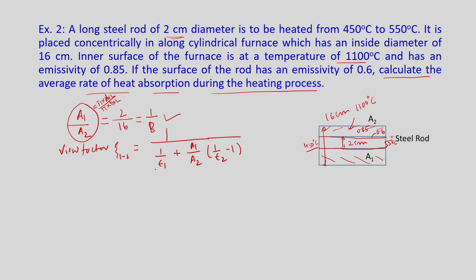And these values are given to us. Once we substitute these values, 1 by eta 1 is 1 by 0.6, plus A1 by A2 which is 1 by 8, times 1 by 0.85 minus 1. If we do the calculation, it will be about 0.592, right.